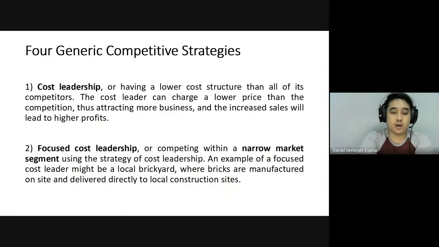So for example, you are making bricks nationally, but eventually you decided not to supply nationally, but rather focus your business towards delivering bricks to the nearby municipalities. So might be a local brickyard where bricks are manufactured on site and delivered directly to the local construction sites.